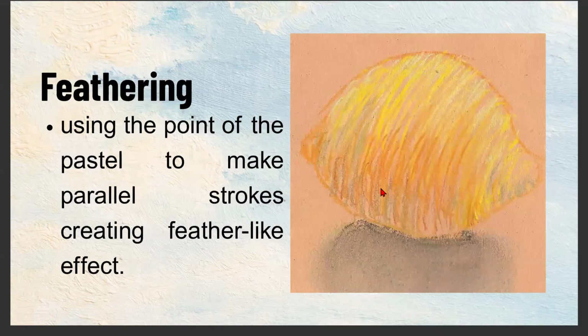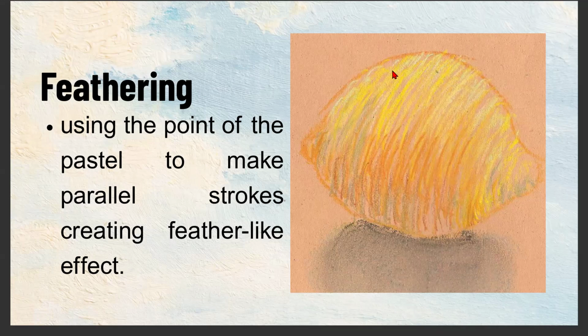Next one is feathering. When it comes to feathering, it uses lighter strokes to create a soft effect. It is called feathering because it somewhat represents the look or texture of a feather. It looks like a feather. So the artist commonly uses light strokes to create a soft effect.